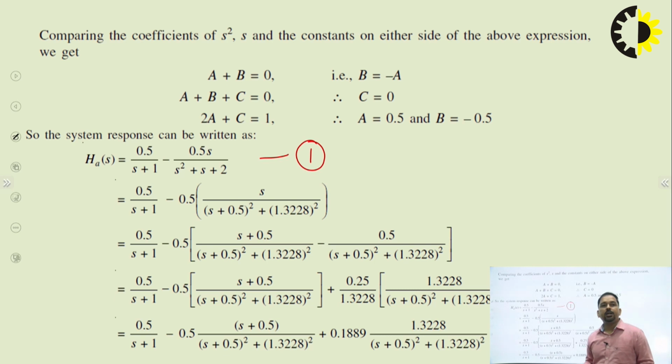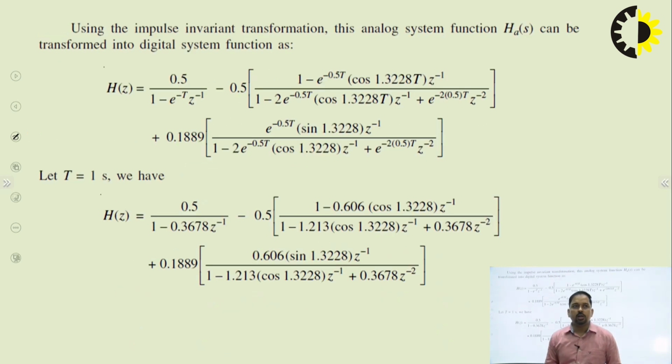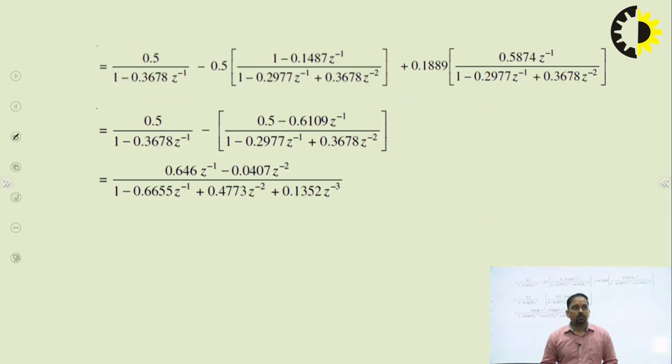Once we convert it into a standard form, we can directly use the relations, equation number 2 and equation number 3, and have the system function H(z) from the analog transfer function H(s), and by putting T equal to 1 second, I can have the overall system function for the digital filter. So this is the final answer.